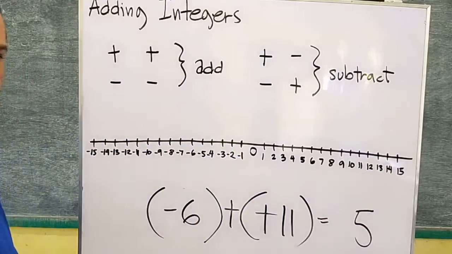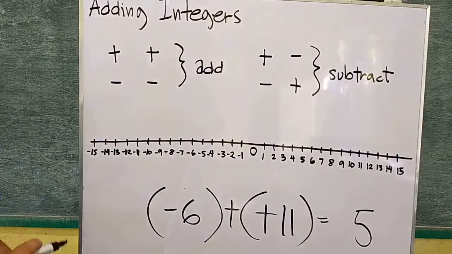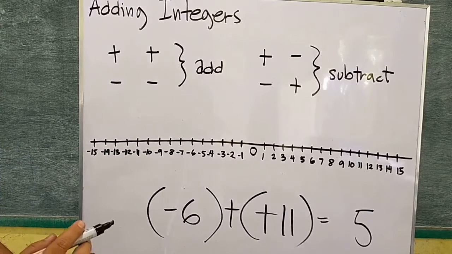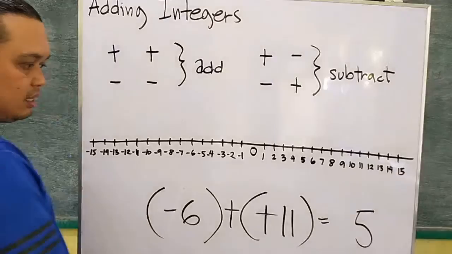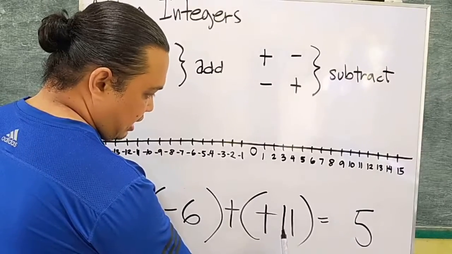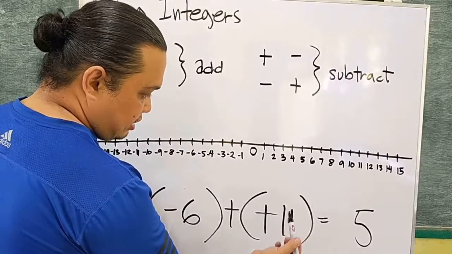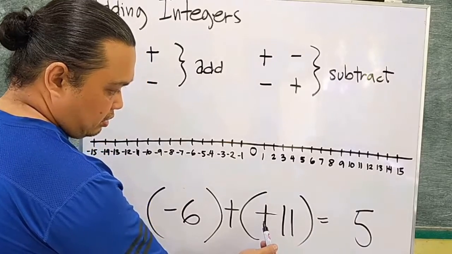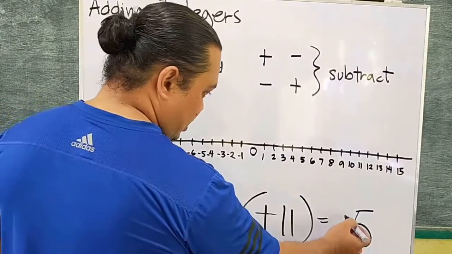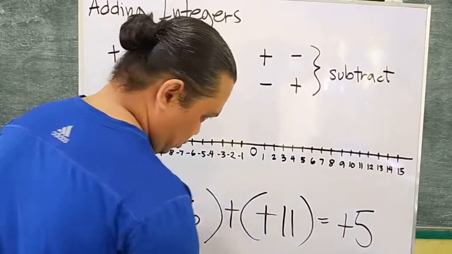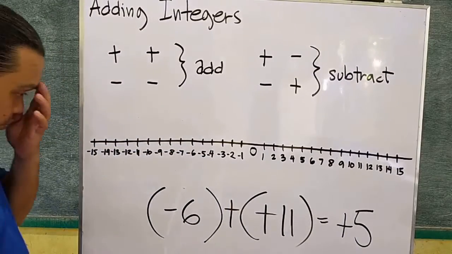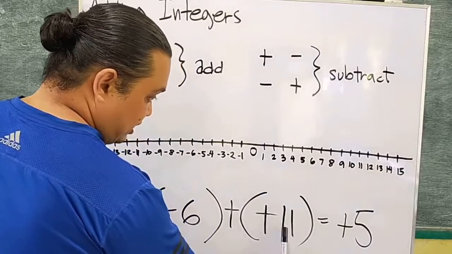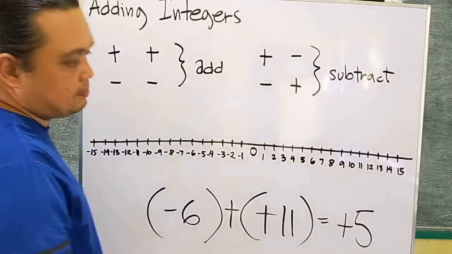And copy the sign of the number that has the greater value between the two, and that is 11. So 11 has the greater value, and its sign is positive. Therefore, 5 will be positive 5. We copied the sign of the bigger number, that is 11.